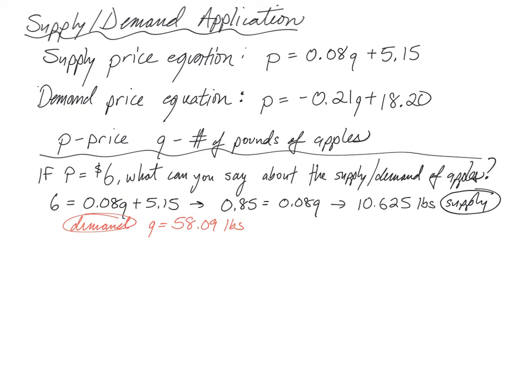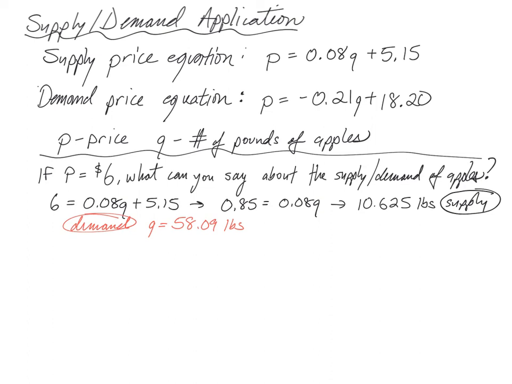And when you substitute 6 in for P into the demand price equation and solve for Q, you'll get 58.09 pounds. So what's happening here is that the demand for apples is outweighing the supply of apples. People want apples.